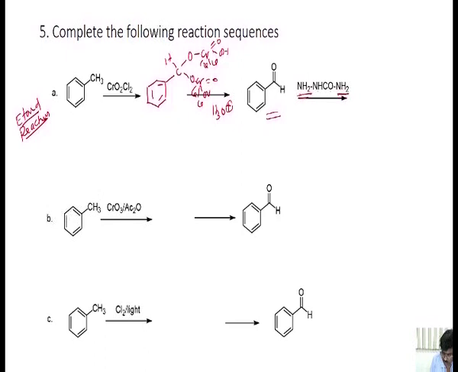It can undergo addition followed by dehydration to give this compound. Chemoselectively, this more nucleophilic NH2 can undergo addition followed by dehydration to give this imine derivative.